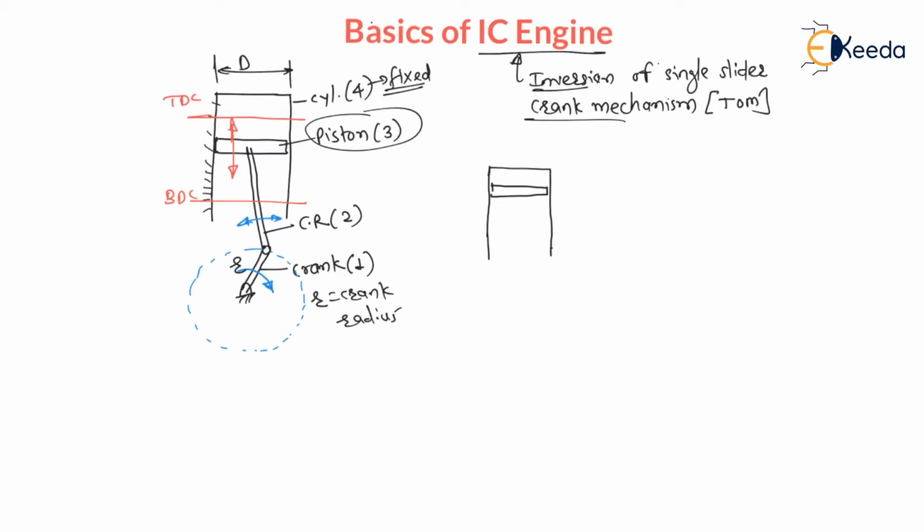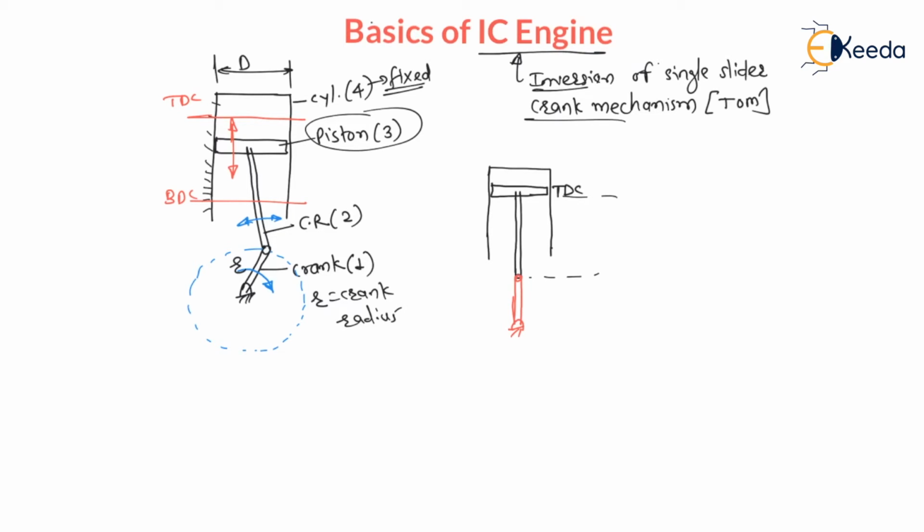Whenever this piston is at top dead center, TDC, then definitely the connecting rod and crank will come in line. Here I am drawing the crank with red color, and with black color there will be a connecting rod.